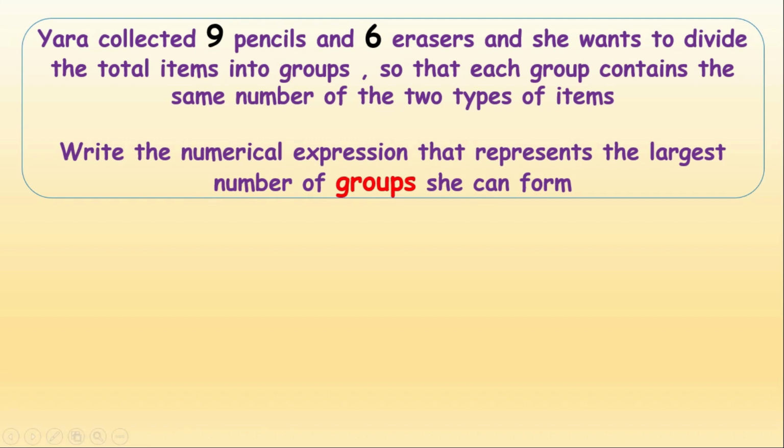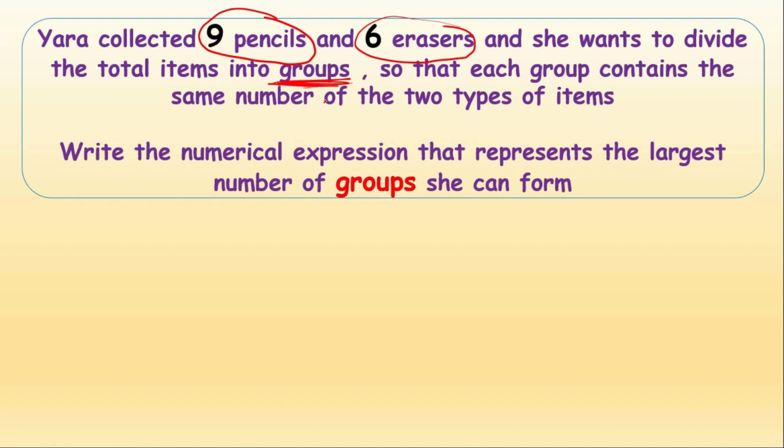Okay, a long story but very, very easy. We will read it slowly and understand what it wants. Yara collected 9 pencils and 6 erasers. That she has pencils and erasers. Okay, and she wants to divide the total items into groups. She wanted to divide into groups, meaning she wants to make groups so that each group contains the same number of the two types of items.